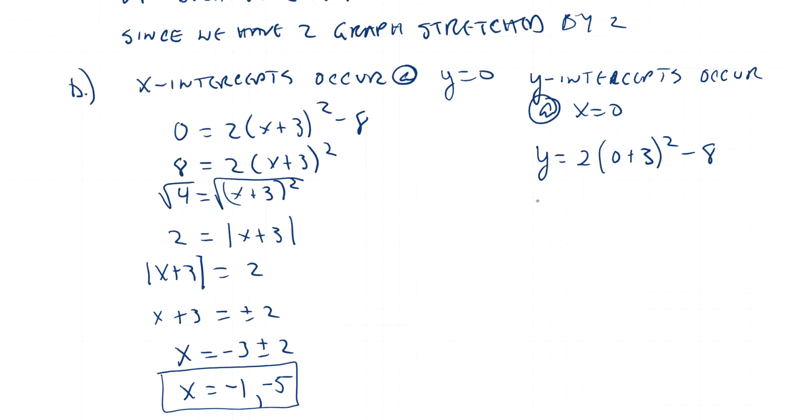And so we just solve this and we get 2 times 3 squared is 9, minus 8. So 2 times 9 is 18, 18 minus 8 is y equals 10. So then we know the y-intercept is at 0, 10.